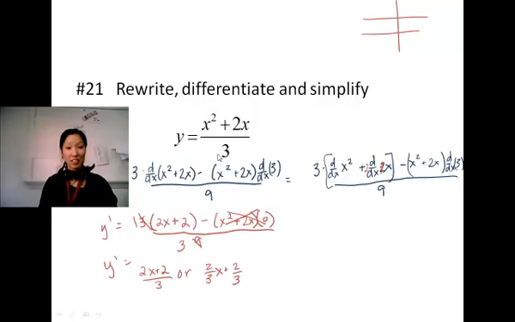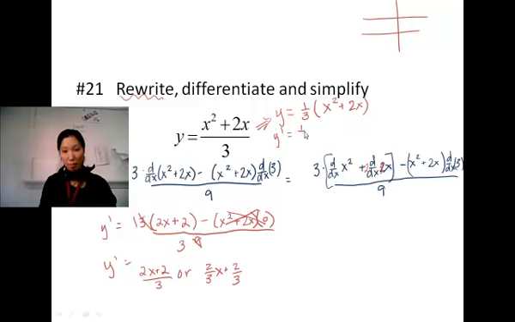Alright, so now I want you to consider this. We did not have to use the quotient rule because the directions were to rewrite. So you could have approached it like this. Y is equal to 1/3 times x squared plus 2x as your rewrite. And now this is just a scalar, right?